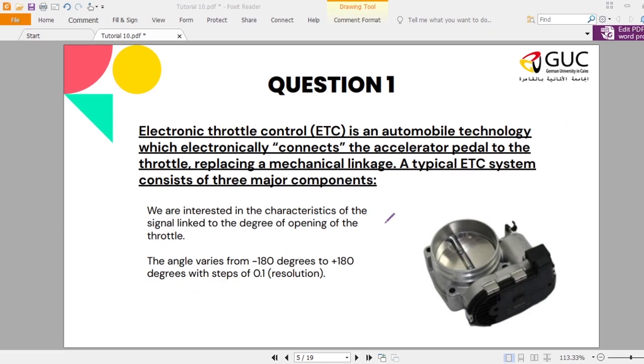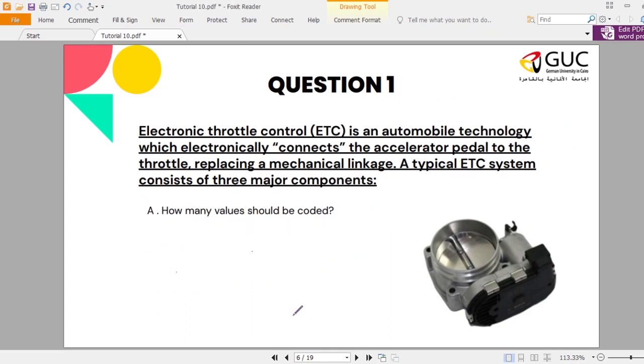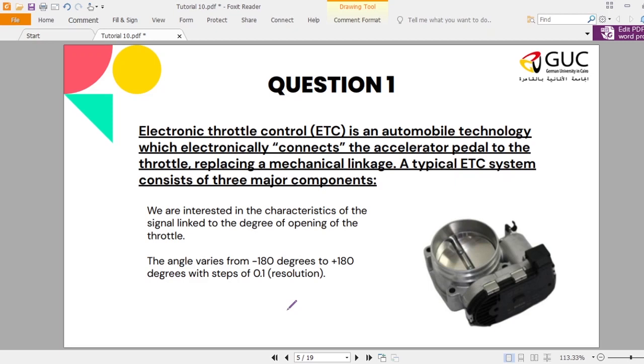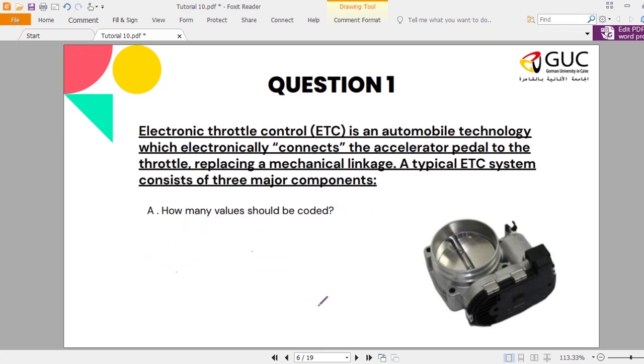Okay, now we are going to answer the question. Question one says: how many values should be coded? So we will get back to our information on the angle range, which varies from negative 180 to positive 180 with a resolution, or step size, of 0.1.